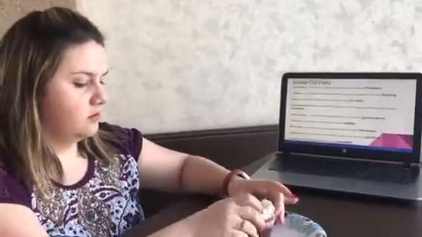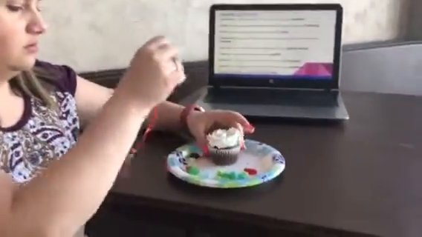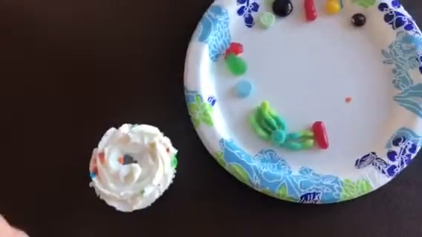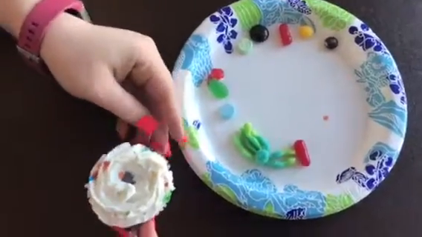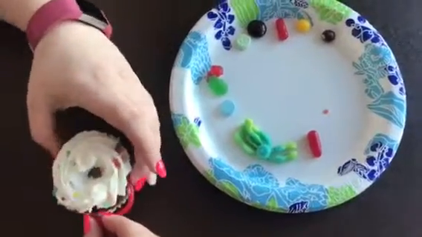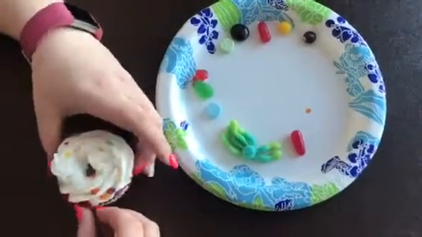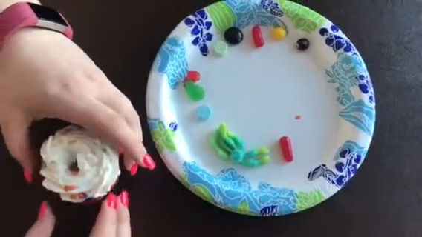Okay, so to start, this is our cupcake. So we are going to first put our Twizzler around this cupcake, and our Twizzler is going to act like our cellular membrane. So if you remember, our cellular membrane keeps everything within the cell.